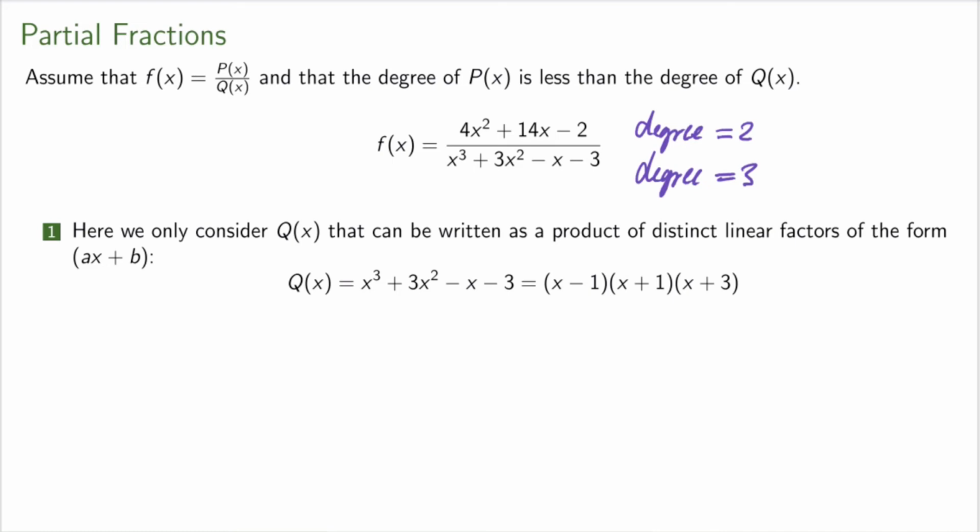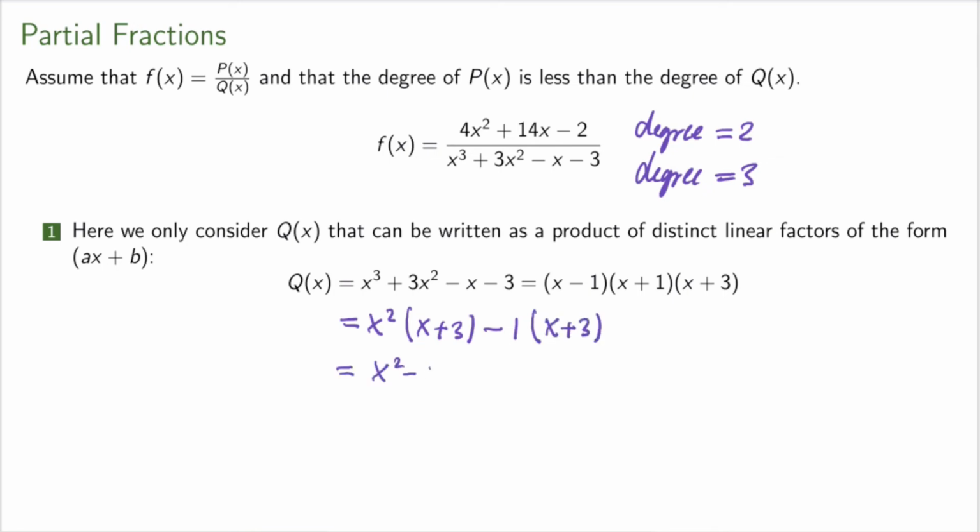So then we take this denominator and we write it as a product of distinct linear factors. For example, here, you can factor out an x squared in the first two terms. So this is x squared, and then we keep an x plus 3. And in the other term, we factor out a minus 1, and then we also keep an x plus 3.